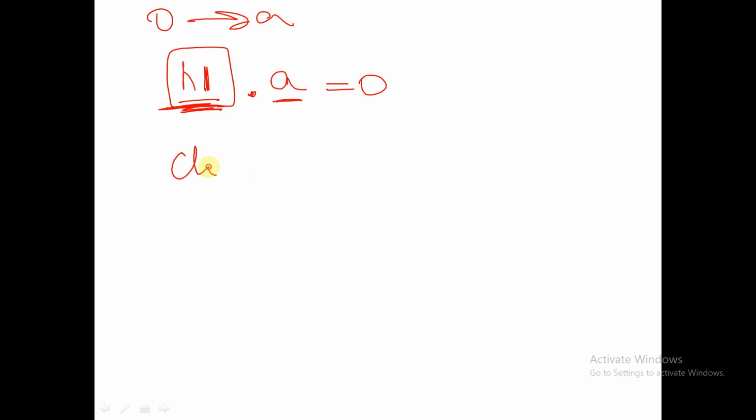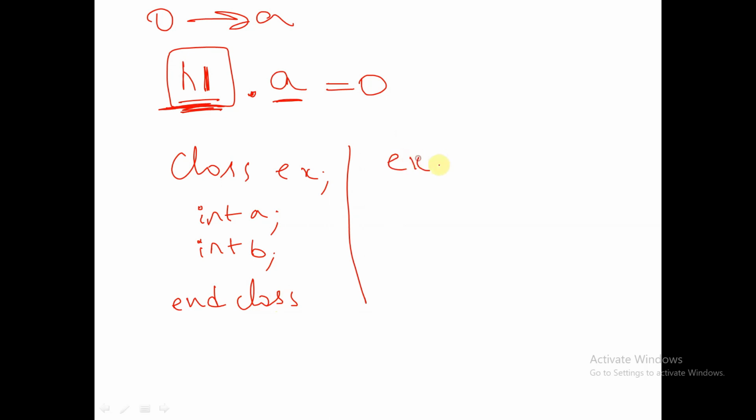Now for the class ex, I'm having two integers, int a and int b, and ending the class. For this, I will have one handle h1 and another handle h2. I can create multiple handles for a single class.